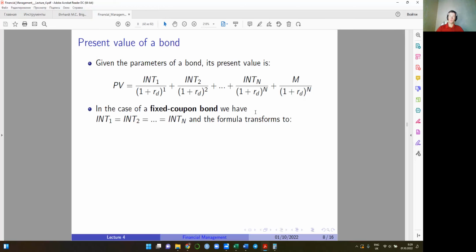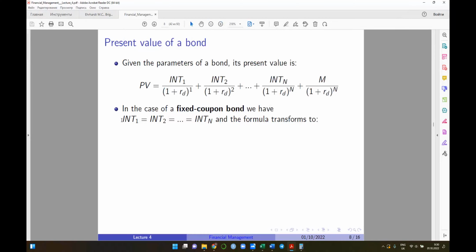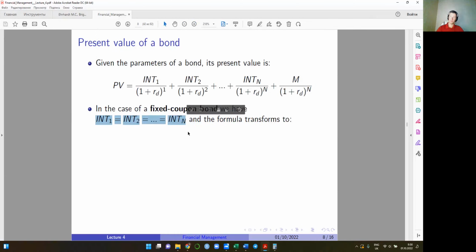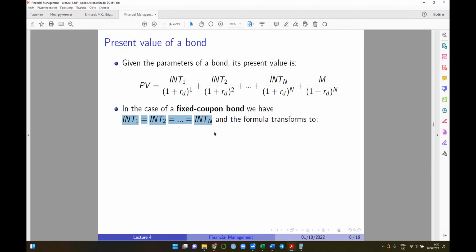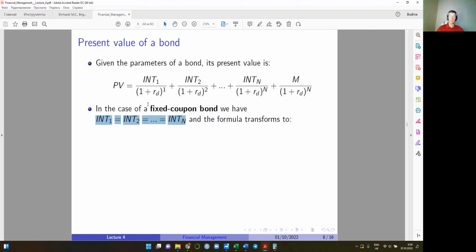If there is a fixed coupon bond, we have a case when interest 1 equals interest 2 equals interest 3, and so on, equals interest n. How do we call this cash flow? Who can help? Friends, how do we call a cash flow when all payments are equal?